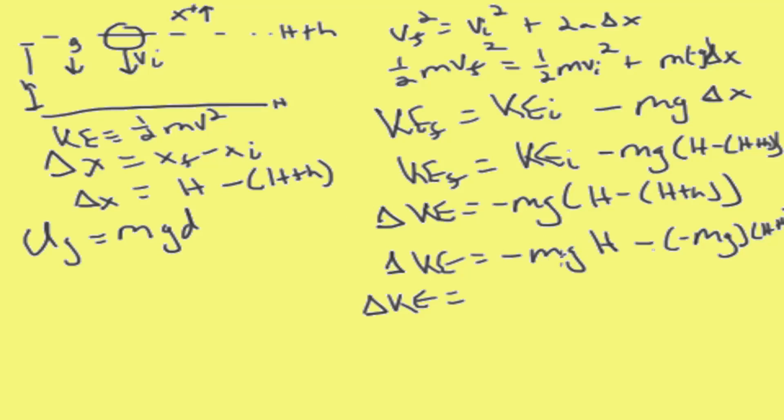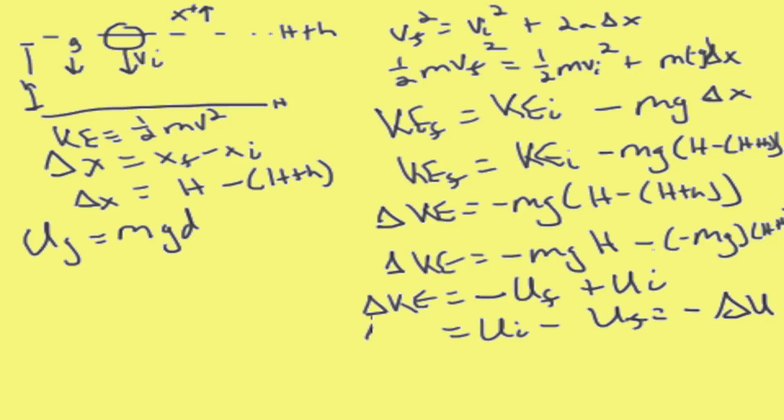So this mgh is the final potential energy, and then this h plus big H is the initial, so the negatives will cancel and we'll get plus Ui. So this is really Ui minus Uf, which is equal to minus the change in potential energy, and that's equal to the change of the kinetic energy.